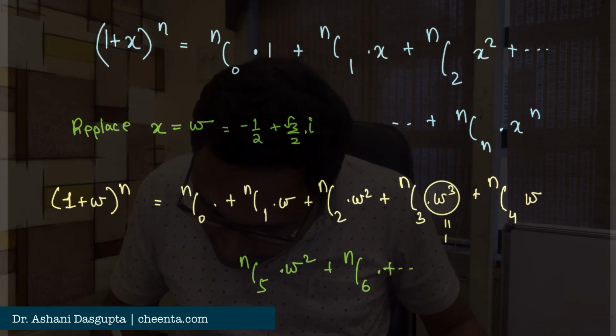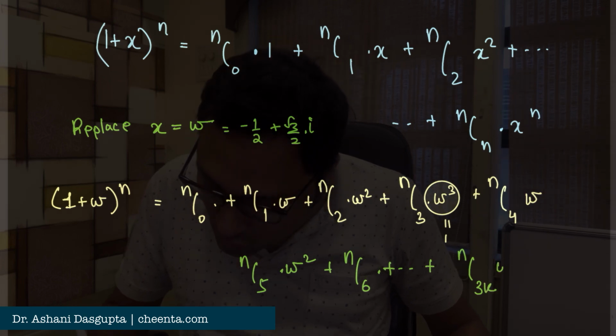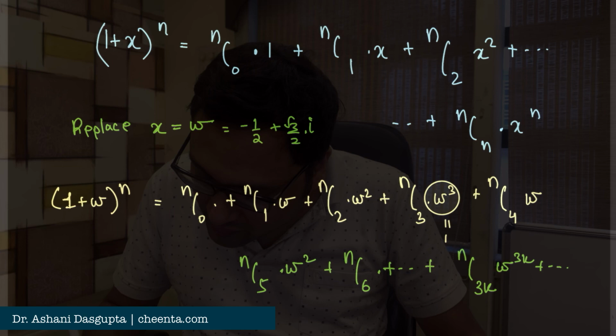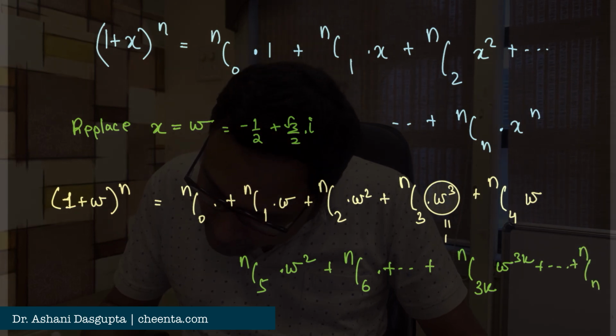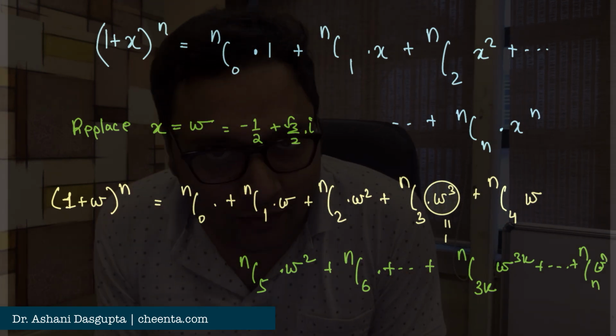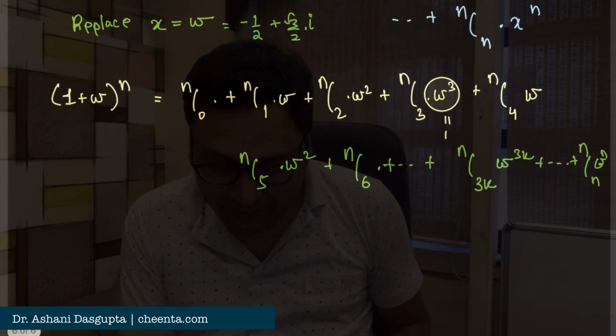So we'll keep on doing this up to n choose 3k omega to the power 3k, but that's also 1. And you can probably go up to n choose n omega to the power n, and then we don't know what is omega to the power n. That's fine. That's all right. We will see that that won't matter really.